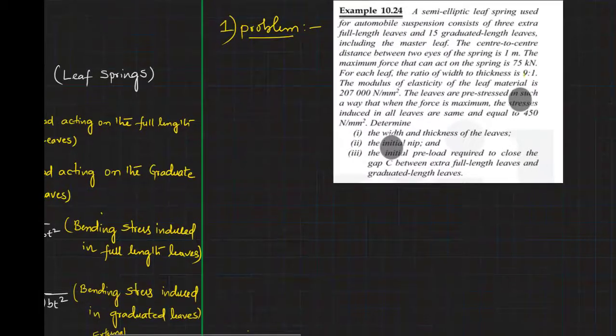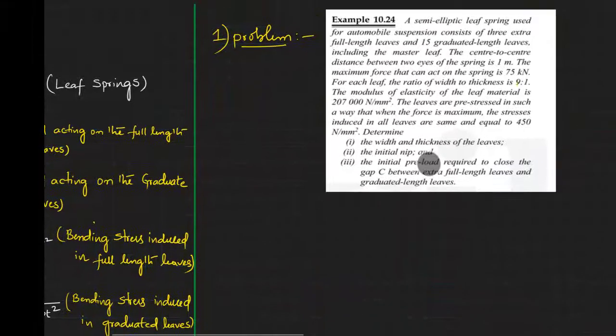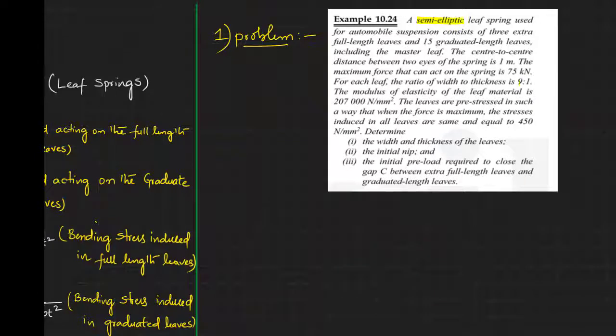Now let us solve this particular problem. In this problem, you can see a semi-elliptical leaf spring is given, and the application is used for automobile suspension.